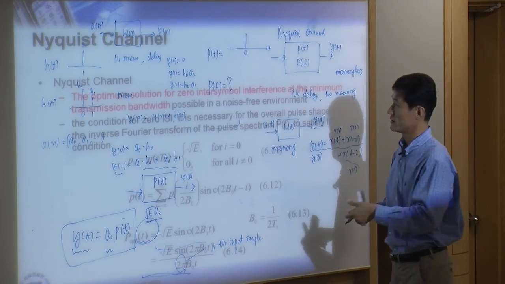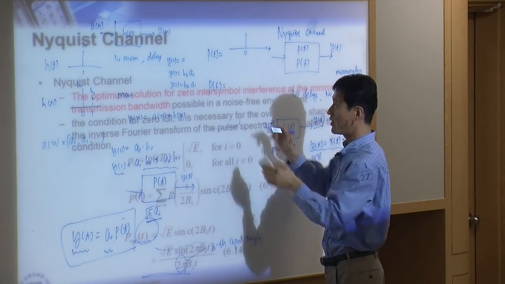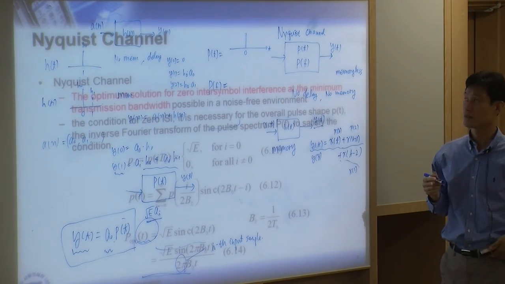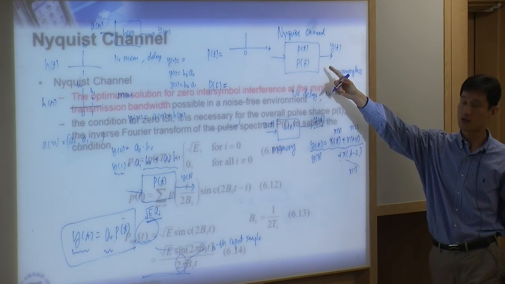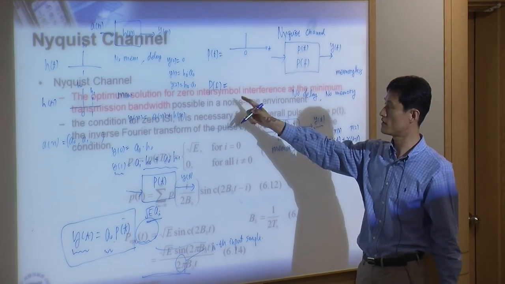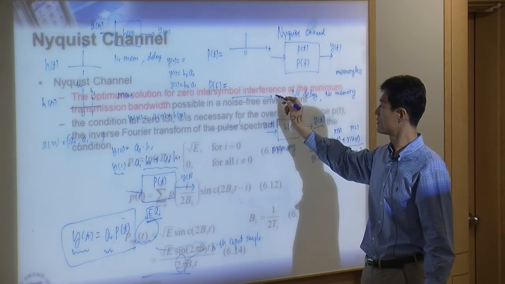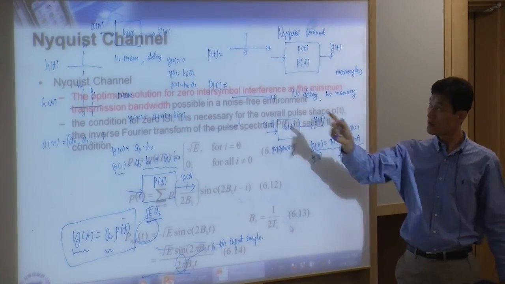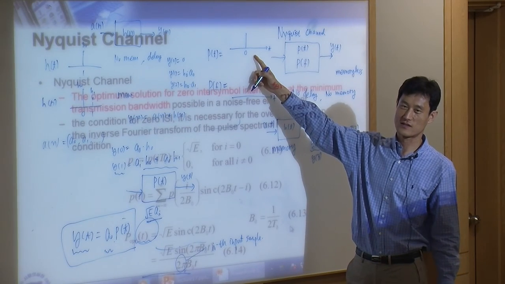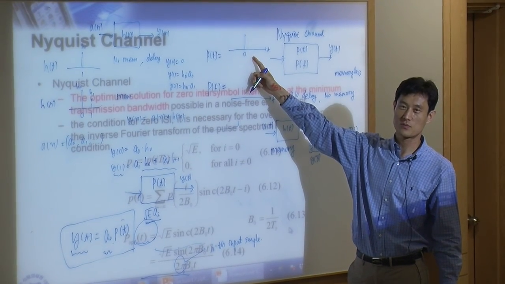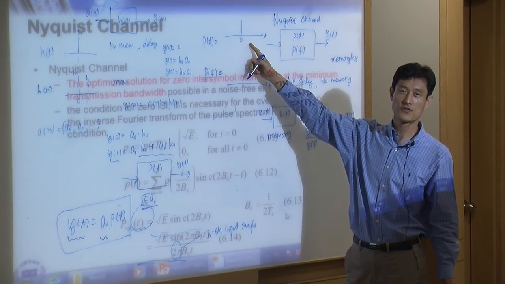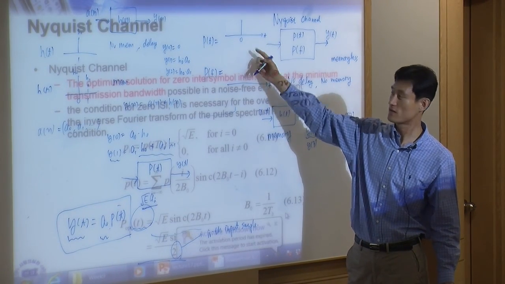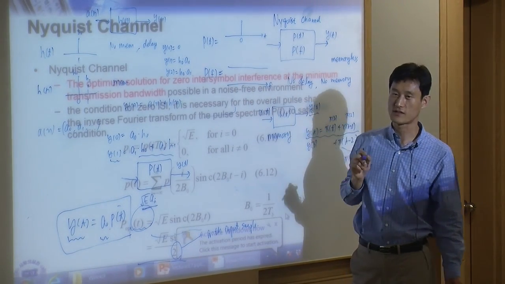Now the question is, what is the perfect frequency response? Let's say we have one block. Since this is a perfect impulse response, what is the frequency response? You can take a Fourier transform of this, and it will give you a flat response.